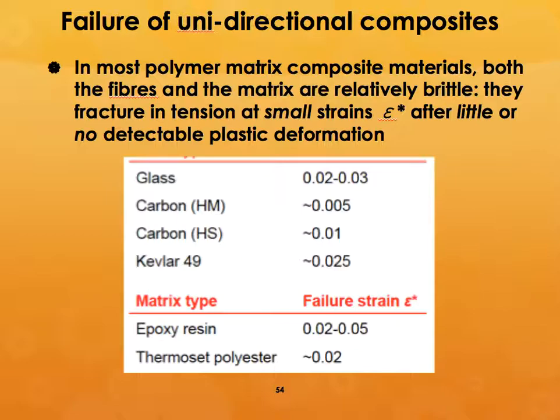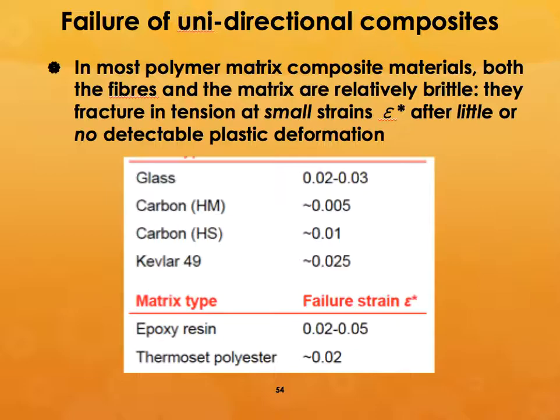Now, in order for a composite to fail, especially if the fibers are all aligned in one single direction, most of the time the fibers and the matrix are relatively brittle. They fracture in tension at very small strains after little or no detectable plastic deformation.